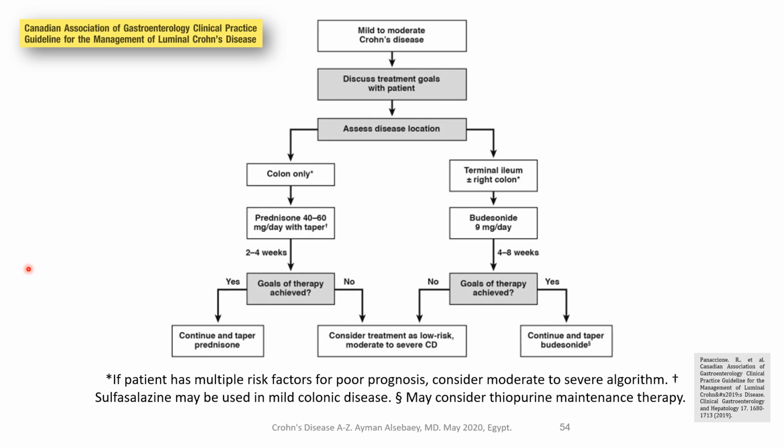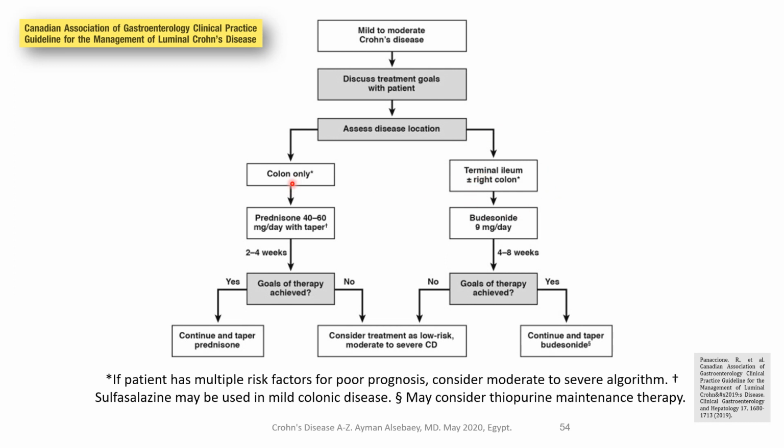This is a nice algorithm from the Canadian guidelines, CG. It said, if you have mild to moderate disease by scores, whatever the score you use, ask yourself, where is the site of the disease? In the colon, or in the terminal ileum, intestine and the colon?